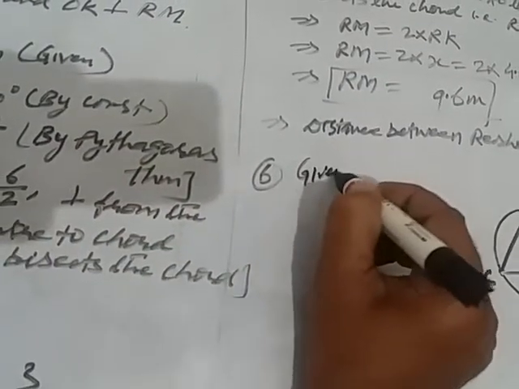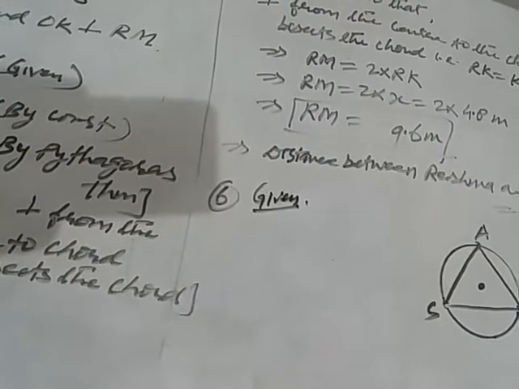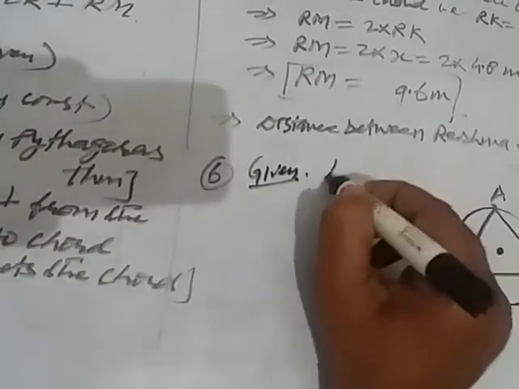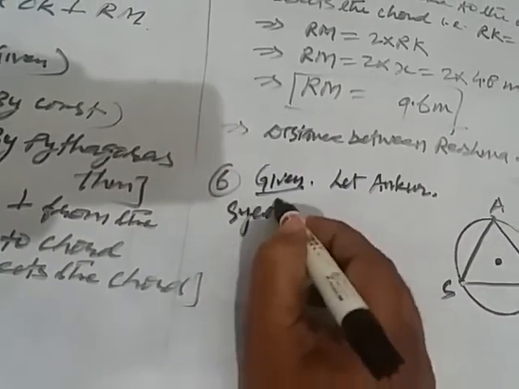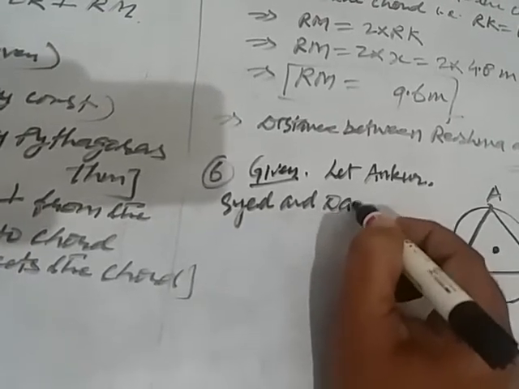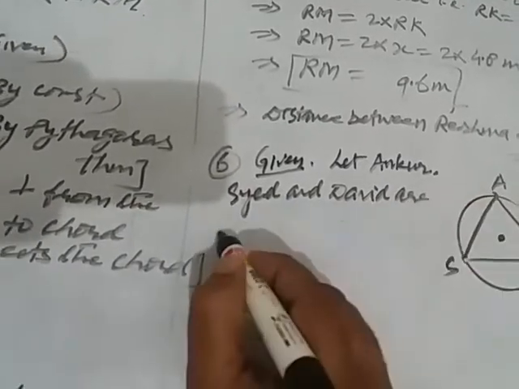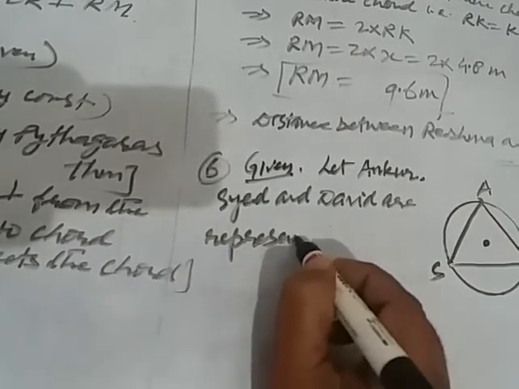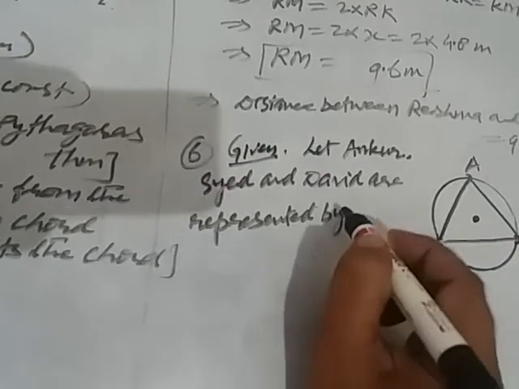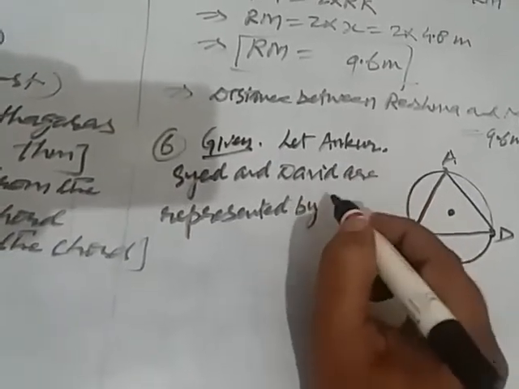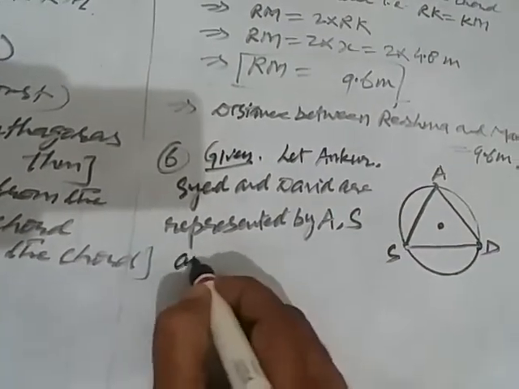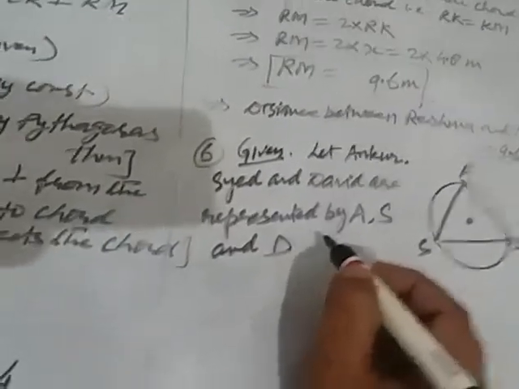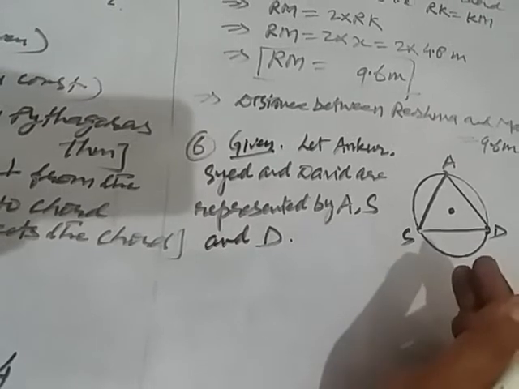Let us see what is given, children. Let Ankur, Sayed, and David be represented by A, S, and D. Okay, children. What else is given? That they are sitting at equal distance.